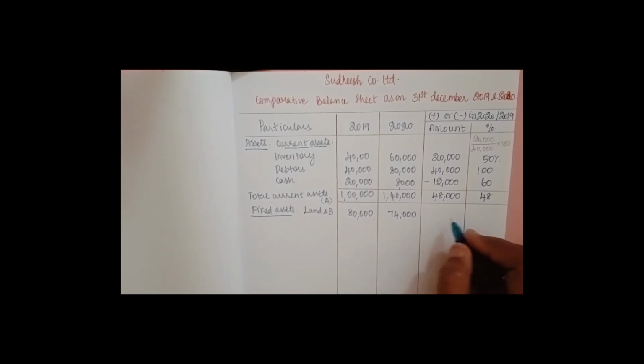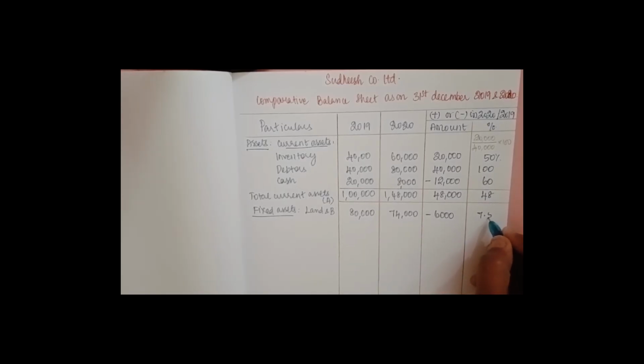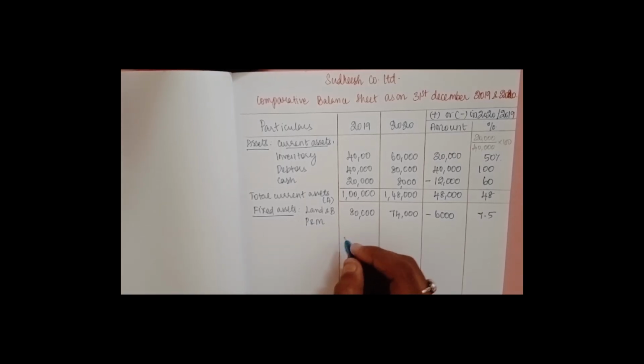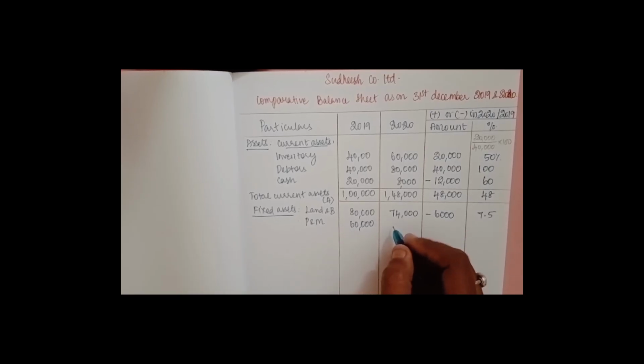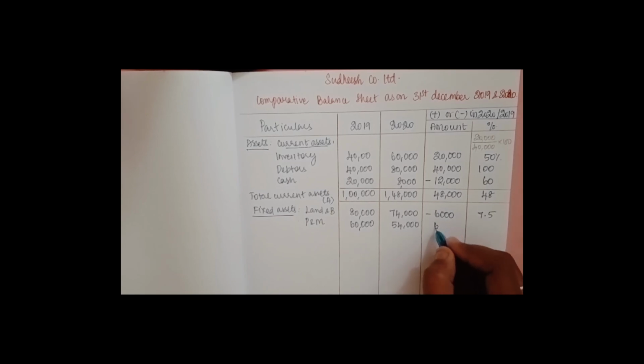So there is a decrease in value of 6,000, which is 6,000 divided by 80,000, that is 7.5%. The next fixed asset is plant and machinery. It is 60,000 in this year and 54,000 in this year. It has also decreased by 6,000.